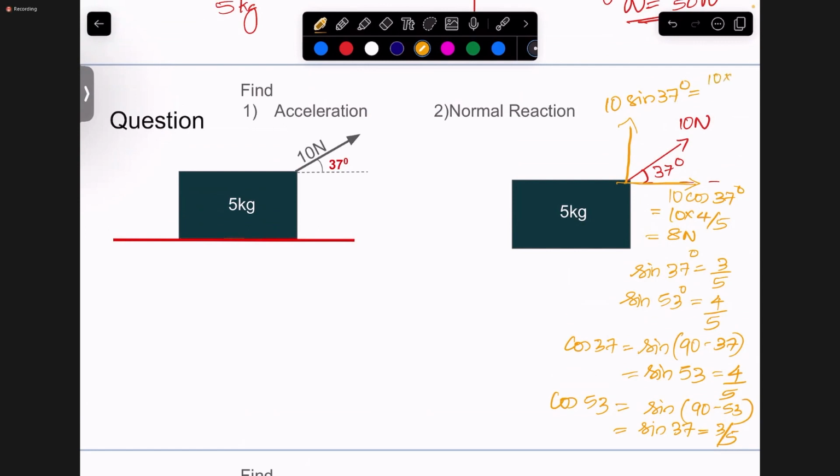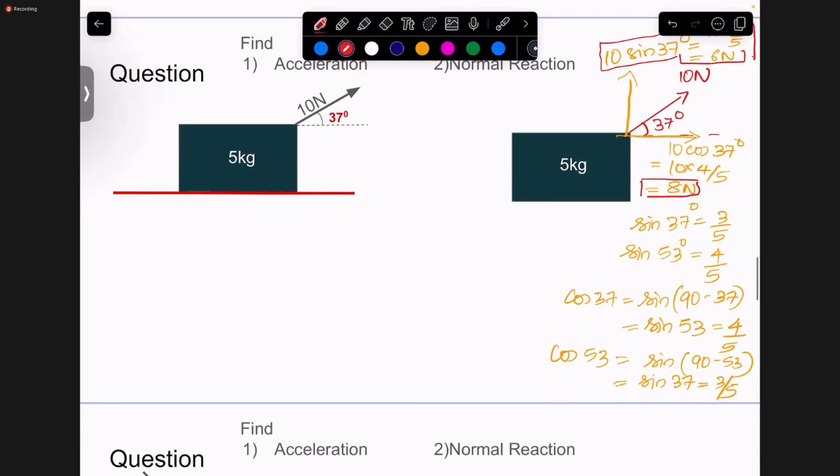So 10 into 3 by 5 is equal to 6 Newton. Right. So this is how you resolve a vector into its components along some axis, like a given axis.